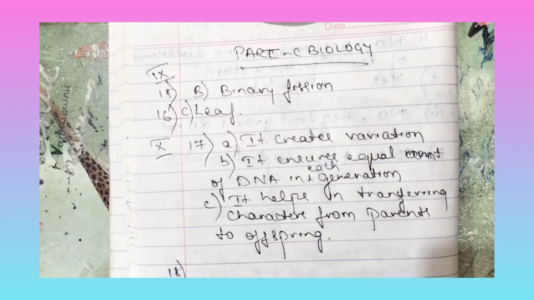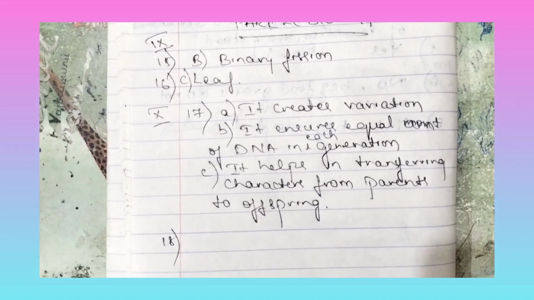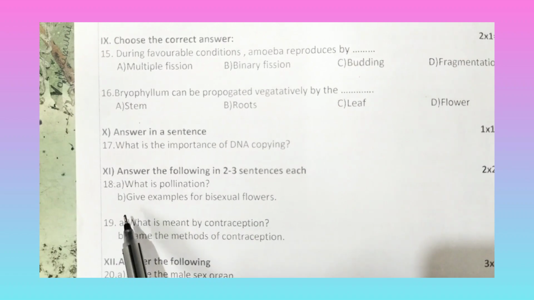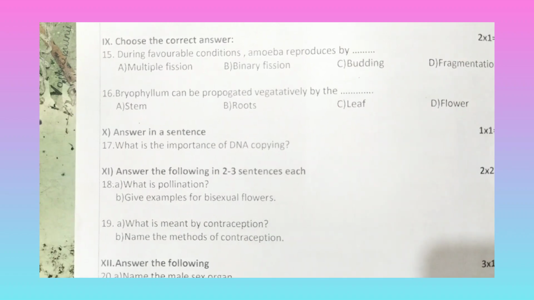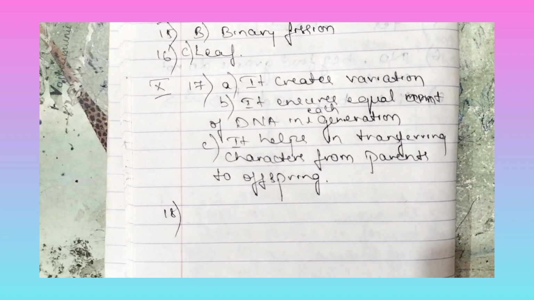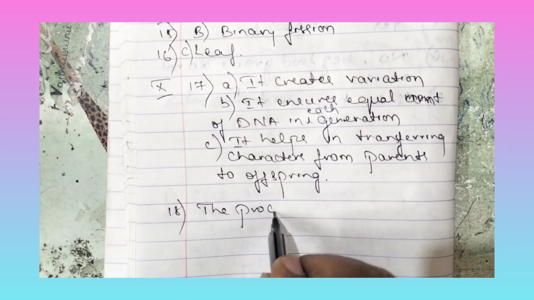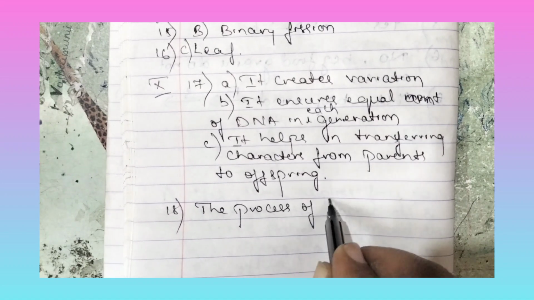Now let us move to question number 18. In question number 18, they asked, what is pollination? Give example for bisexual flowers. What is pollination?